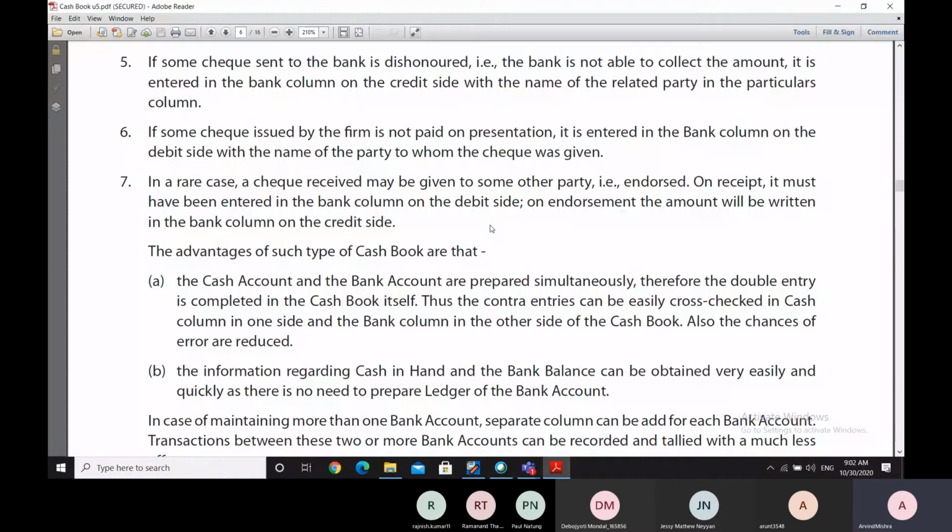Now, what are the advantages of having such a type of cash book, where both columns are there, the cash column as well as the bank column? The advantages are: A, the cash account and the bank account get prepared simultaneously, and therefore all the double entry is completed in the cash book itself.